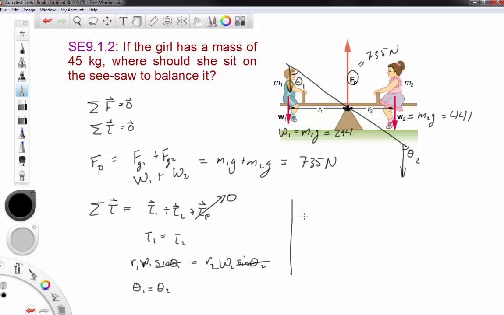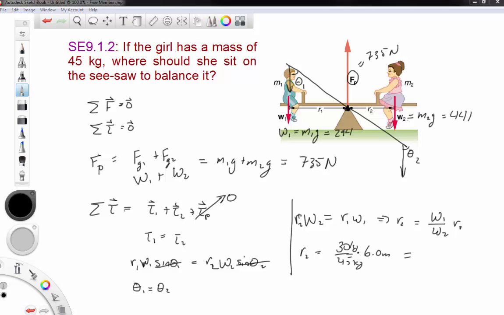And what you're left with then is that R2 times W2 is equal to R1 W1, or in other words, she should be positioned at this ratio of his weight to her weight times his distance. So that means that she should be sitting 30 over 45 times 6.0 meters away from the fulcrum.